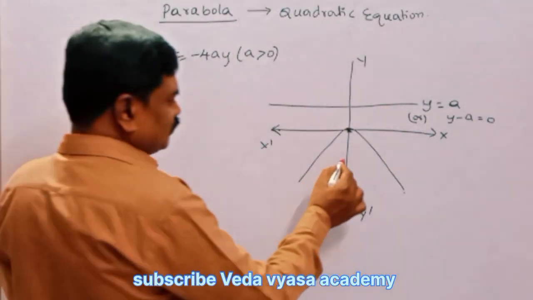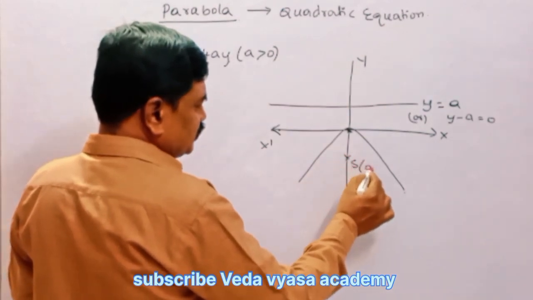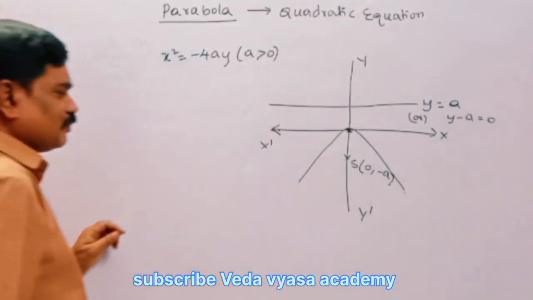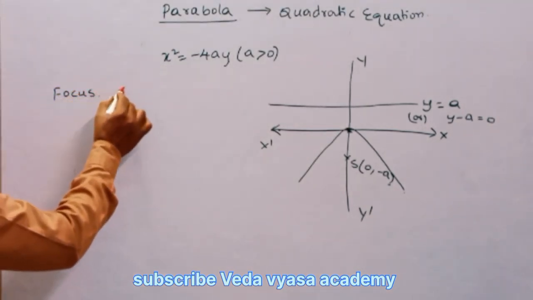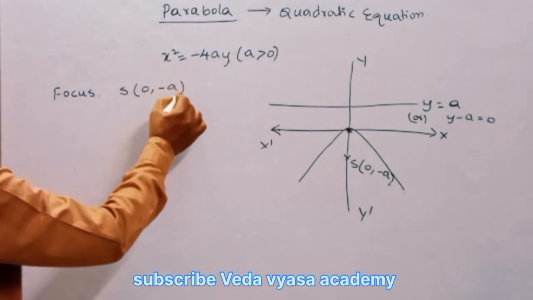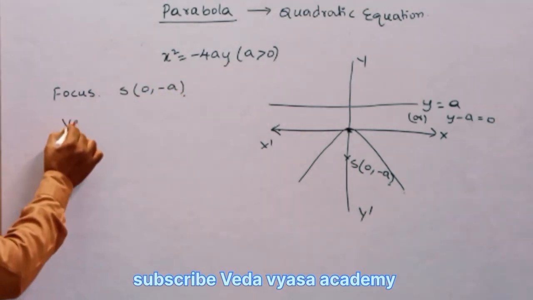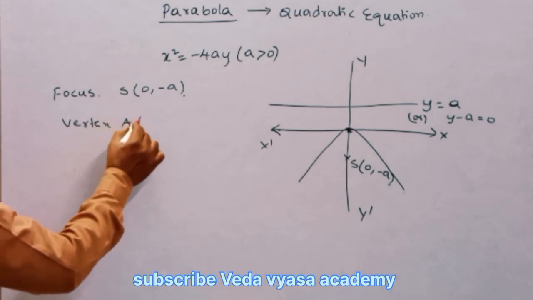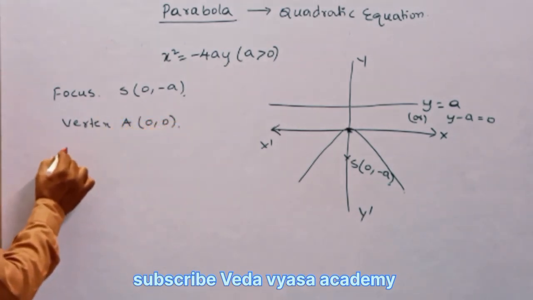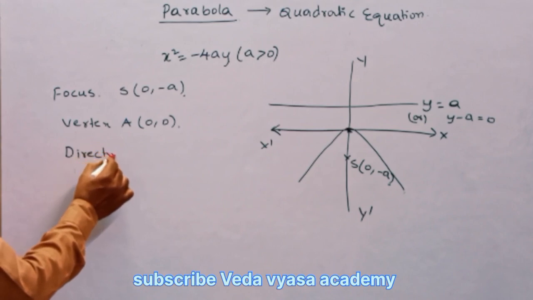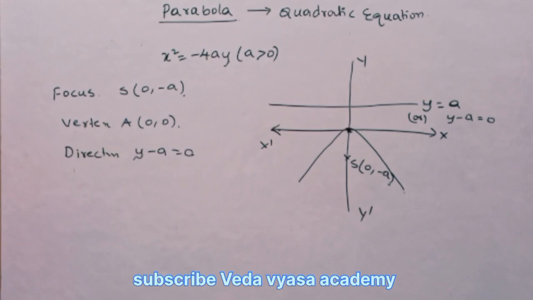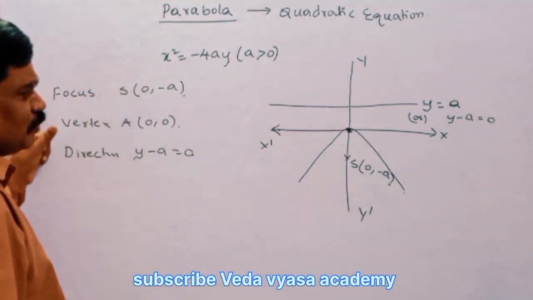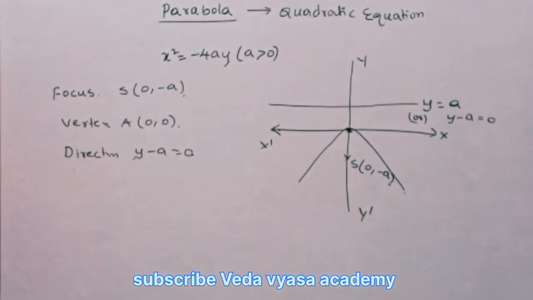This is the focus of the parabola, S 0 comma minus a. So focus S 0 comma minus a, and vertex 0 comma 0, and directrix y minus a equal to 0. Okay, these are the main important points in this parabola.